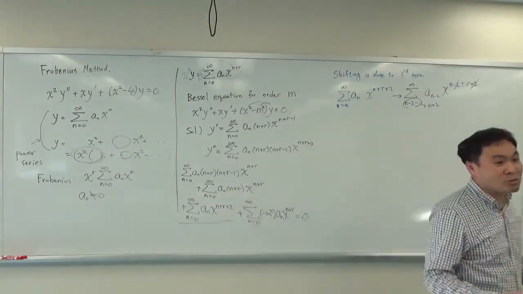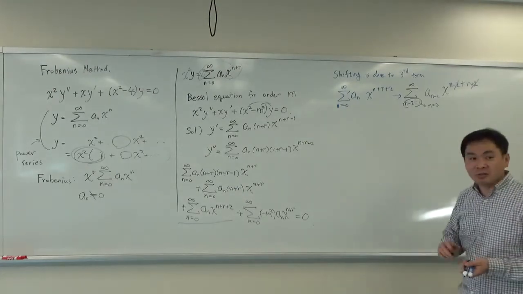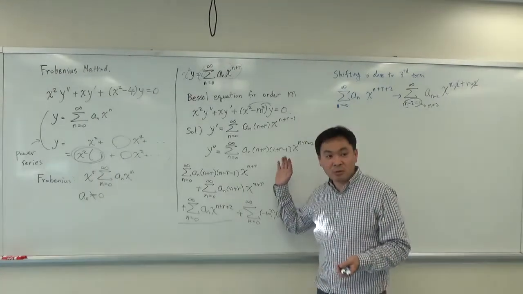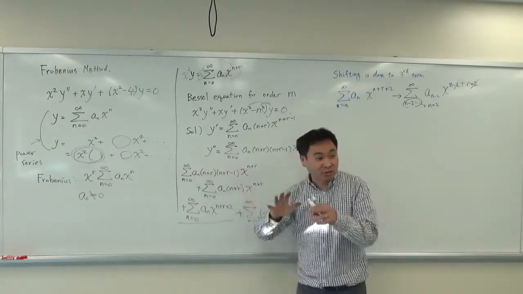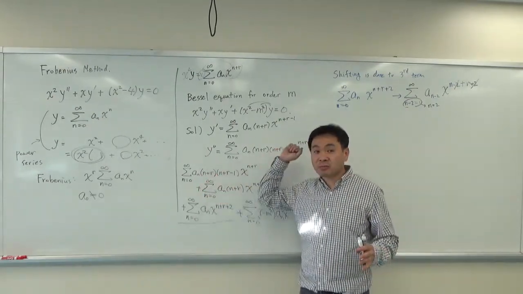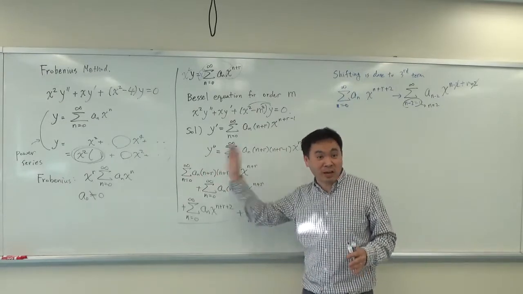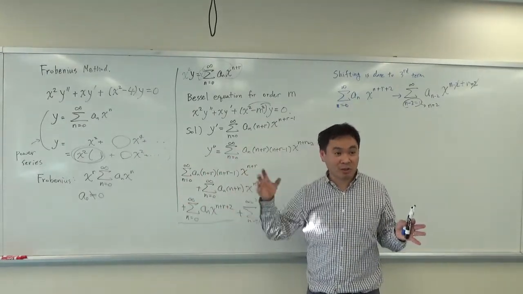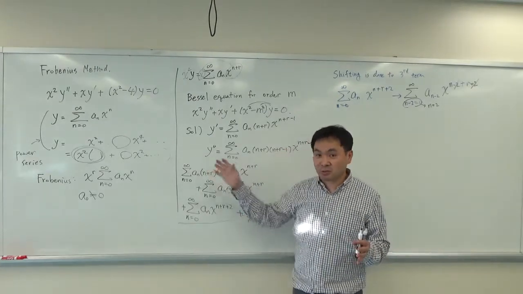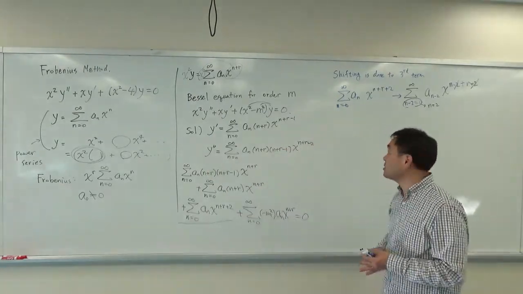So now what do we do? You expand it. You write out the first terms, 0 and 1, and split them out so that the summation starts from 2. Write down the first two, and you write the rest. So let's do that.